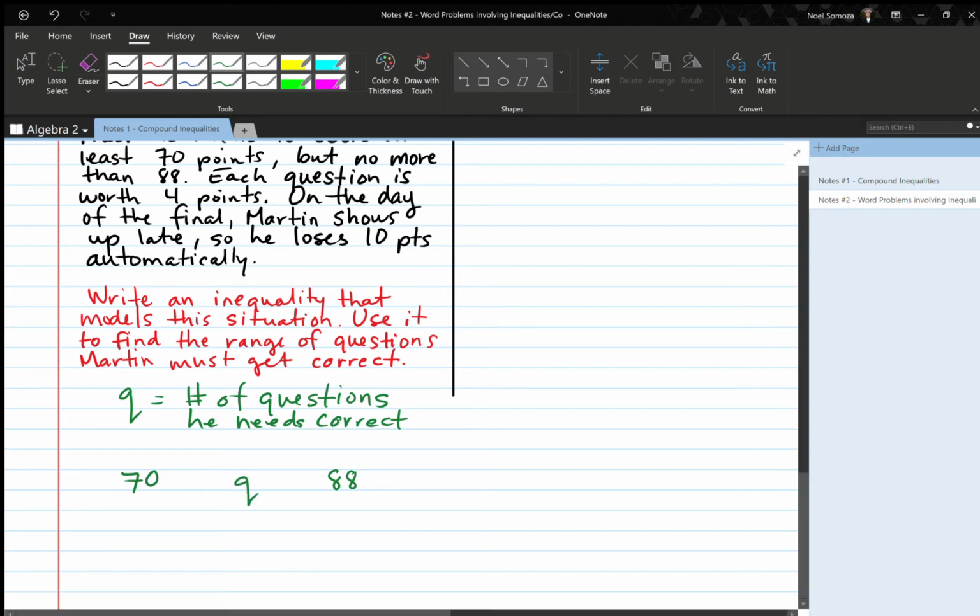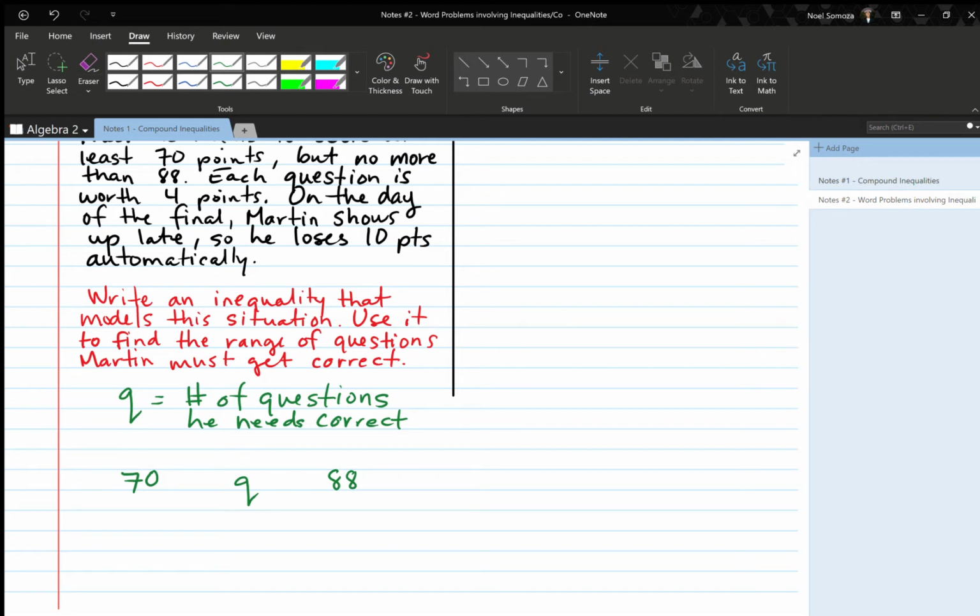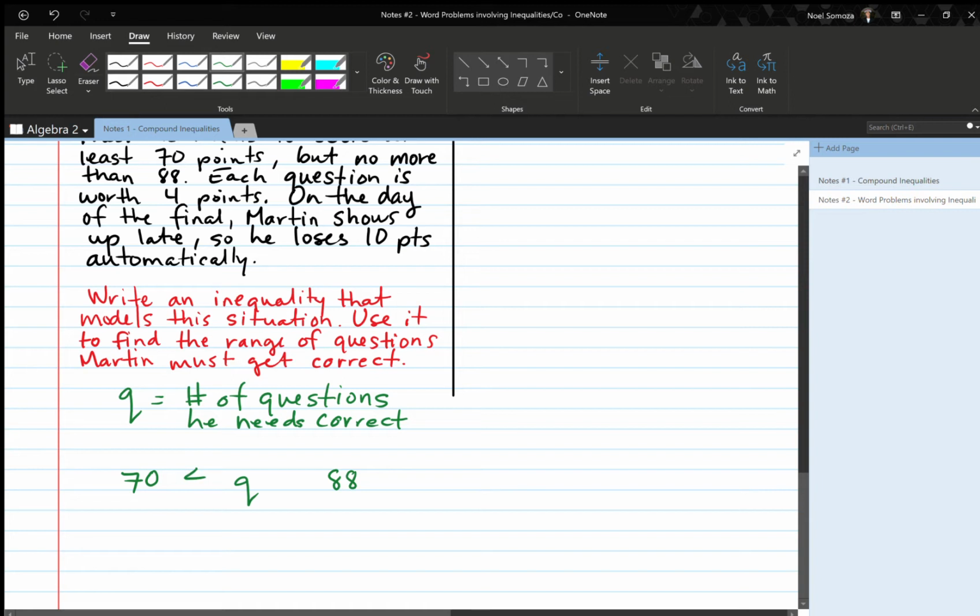So Q is greater than or equal to 70 on one side. Then 4 times Q, why did you choose to do that?